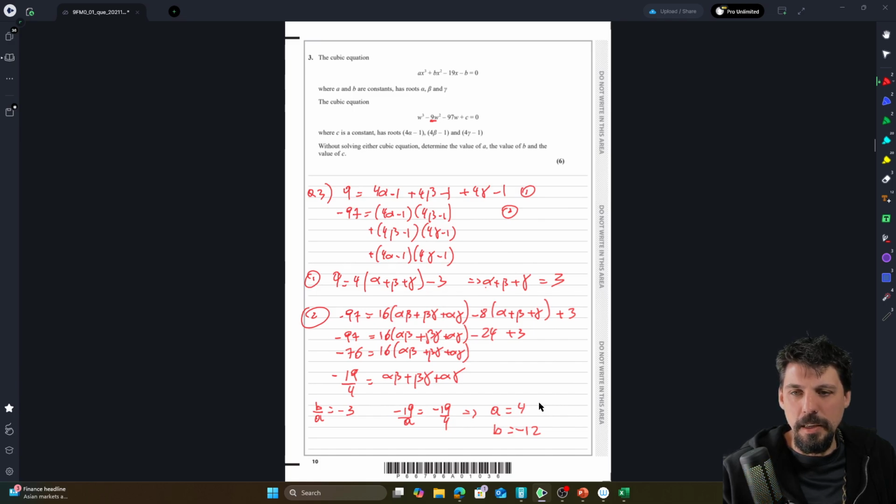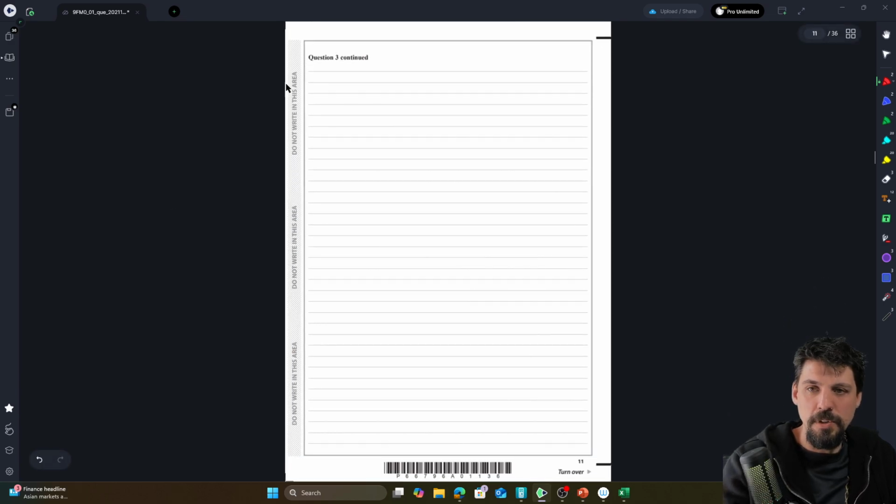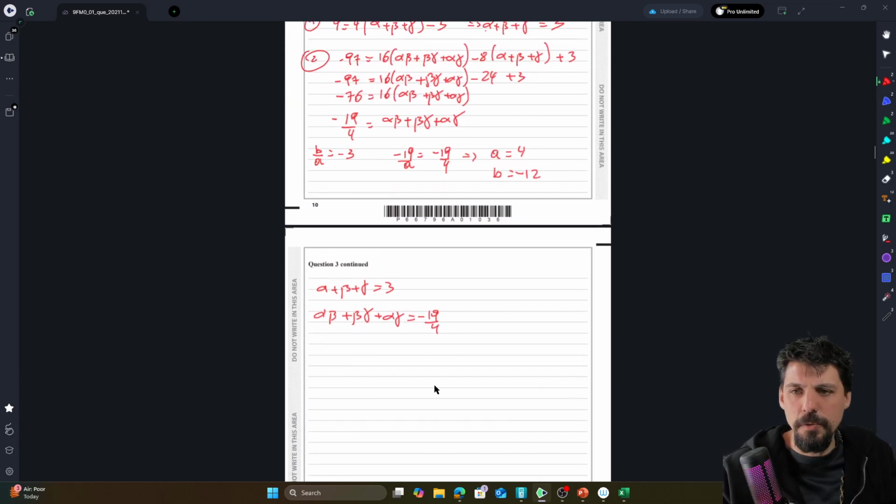And C is the double product, but let's just remind ourselves of this. So alpha plus beta plus gamma is 3. Alpha beta plus beta gamma plus alpha gamma is minus 19 over 4.